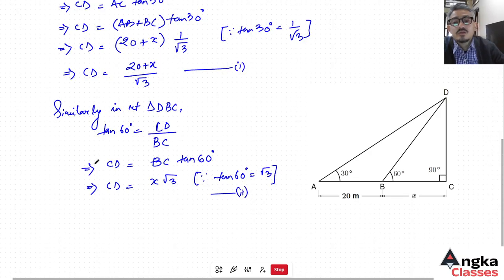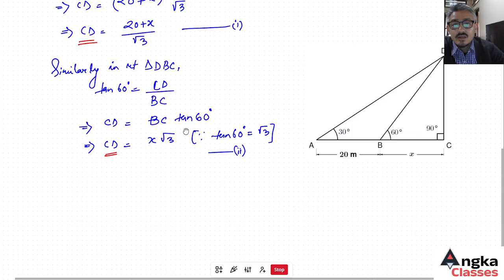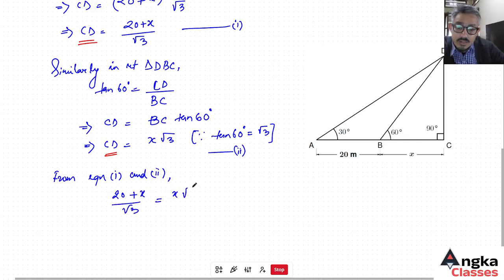Now observe that equations 1 and 2 both represent CD, so we equate the right hand sides. From equation 1 and 2, 20 plus x upon root 3 is equal to x root 3.